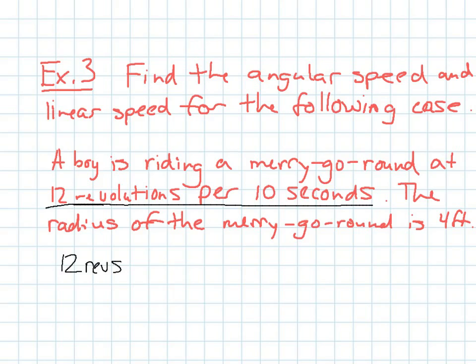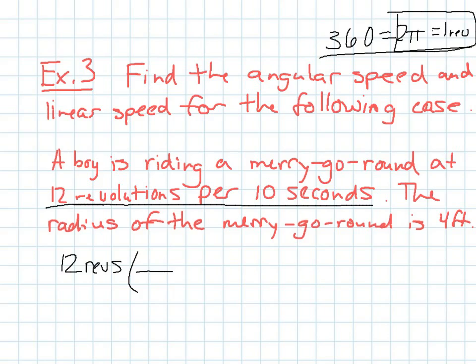If you think about our discussion, 360 is the same thing as 2 pi, and that's also the same thing as 1 revolution around the circle. So if I want to convert into radians, I would use the 2 pi and 1 revolution conversion: 2 pi divided by 1 revolution. The revs cancel out, and multiplying across gives me 24 pi rads.